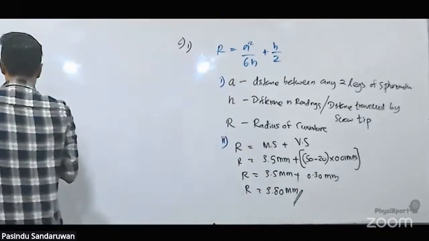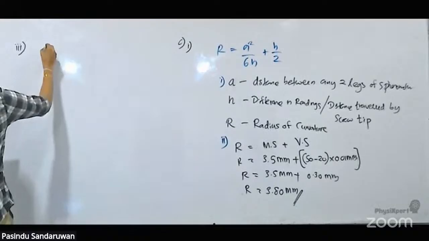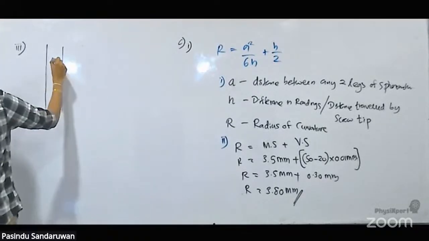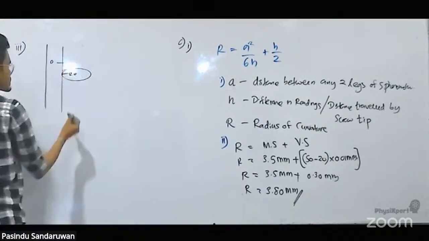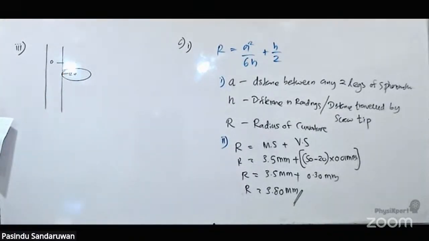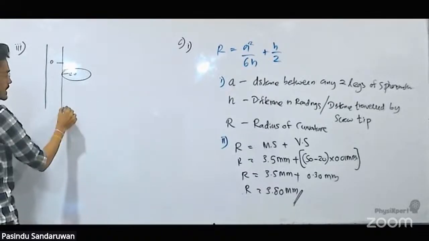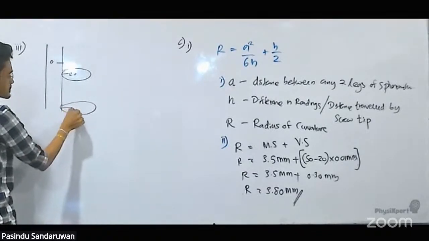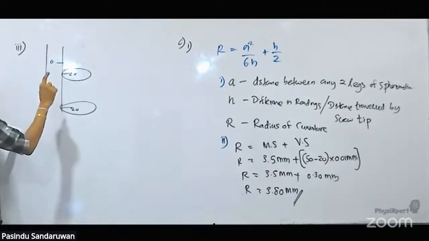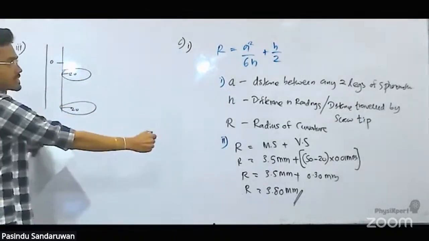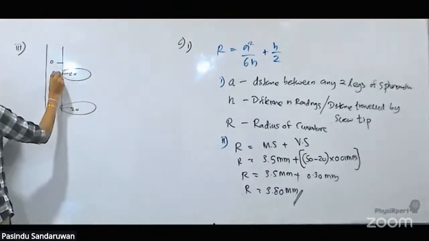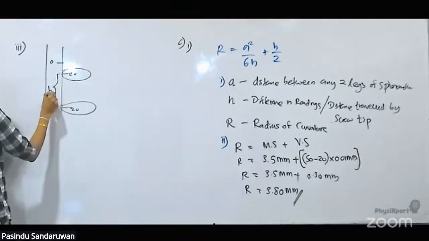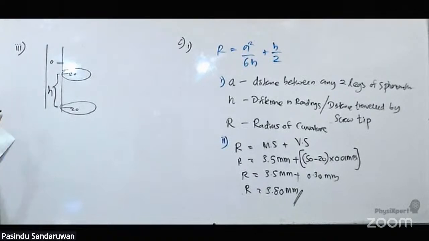One way to think of this is it goes initially at somewhere here, and at the point the reading is taken, it is somewhere here. The travel distance by the screw tip is only from here to here. This is H in my case.